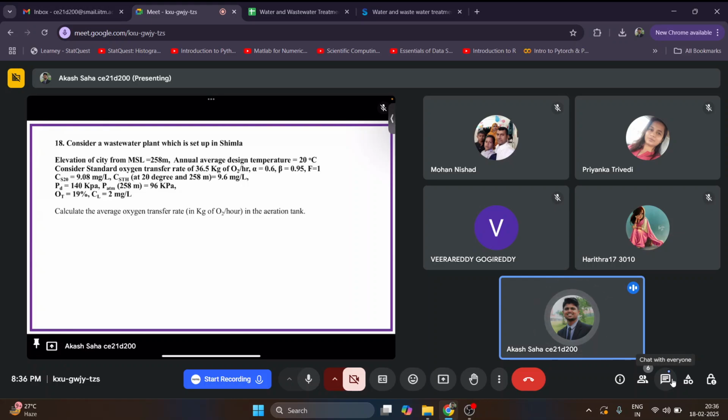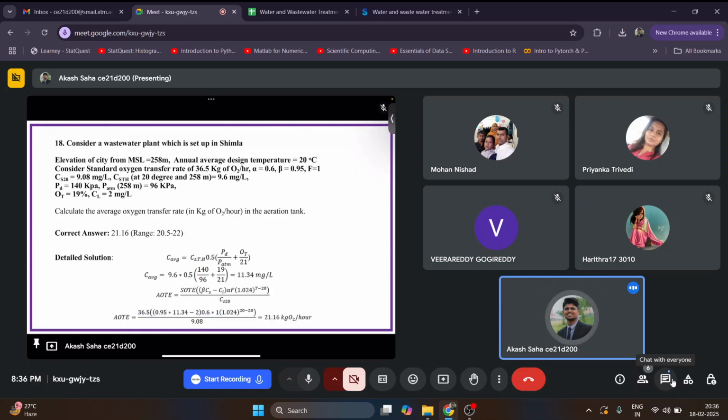Based on the elevation, temperature, and pressure of that particular location where we are going to fix this aerator, the actual or average oxygen transfer rate will change. Here you can see the standard oxygen transfer rate is given as 36.5 kg O2 per hour, whereas the average is only 21, so it has decreased based on the temperature and pressure.